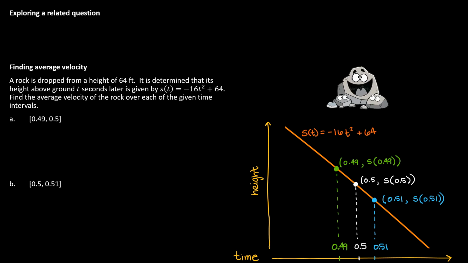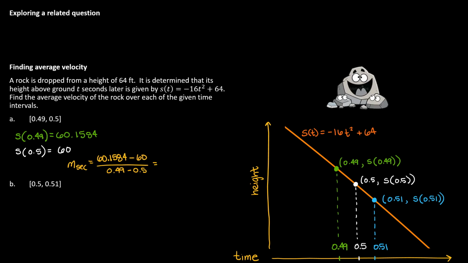So to do the average velocity for the interval 0.49 to 0.5, I'll calculate my function output at each of the interval edge points. So I need my function output at 0.49 seconds. I need my function output at 0.5 seconds. Find the change in those two function outputs and then divide it by the length of the interval.